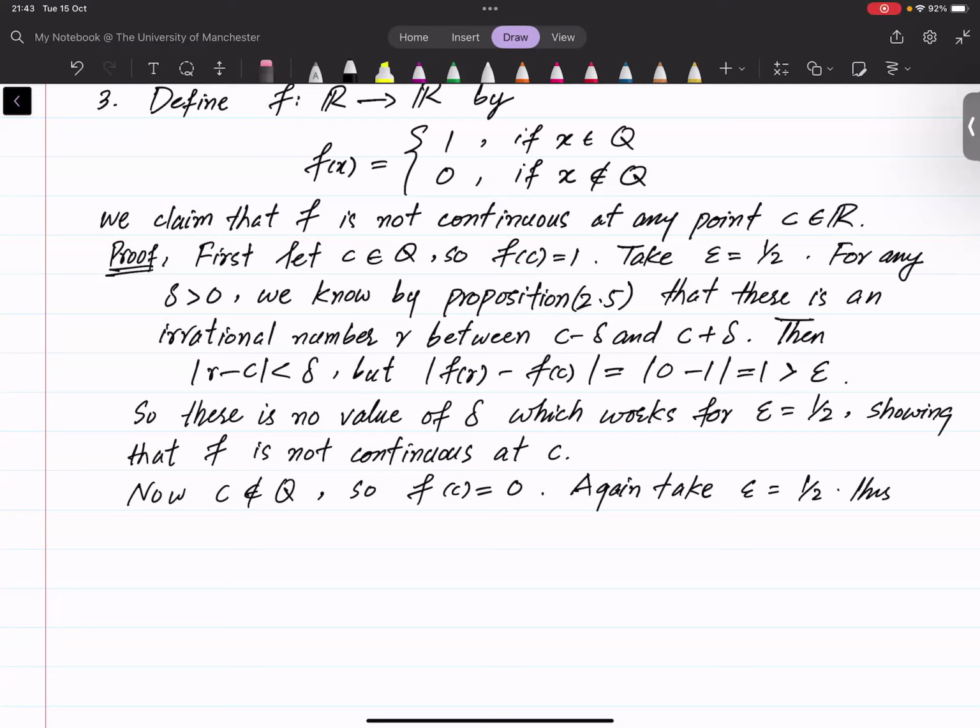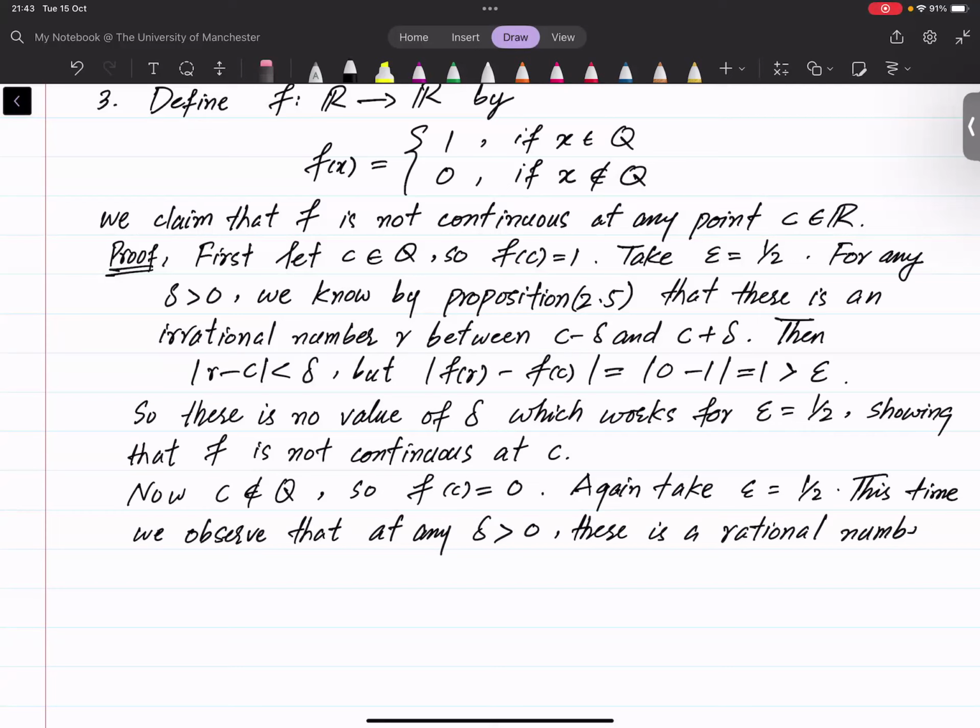This time we observe that for any delta greater than 0, there is a rational number s between c minus delta and c plus delta.